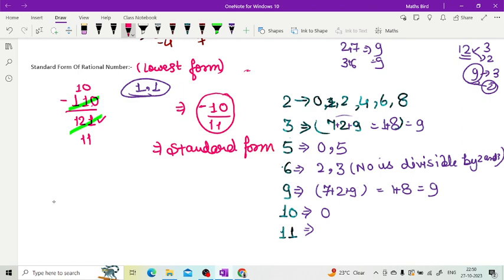Right? Now take one more example. 64 by 16. Tell me any number by which both the numbers can be divisible. Fine, we are checking by 2. Very nice. 32 by 8.